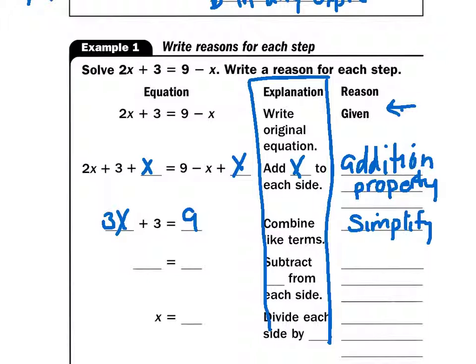Then we can subtract 3, and we get 3x equals 6. And that's the subtraction property.